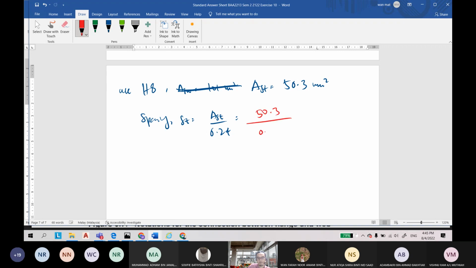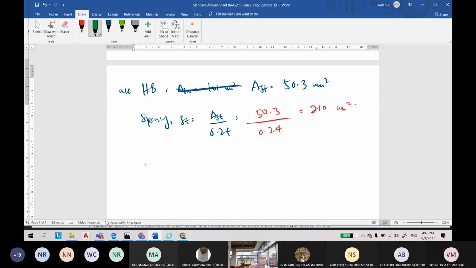divided by 0.24, what is the answer? 210. Okay, 210 mm square.